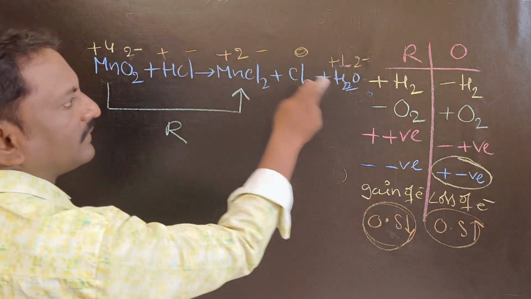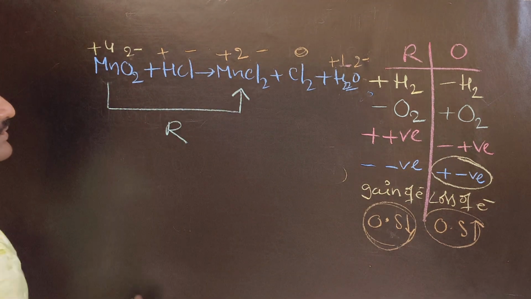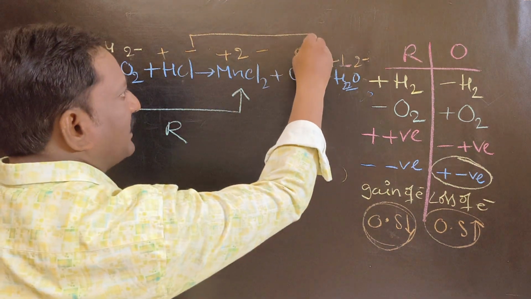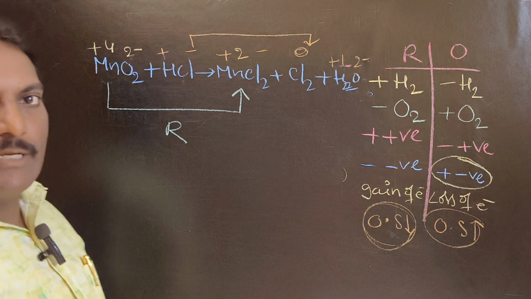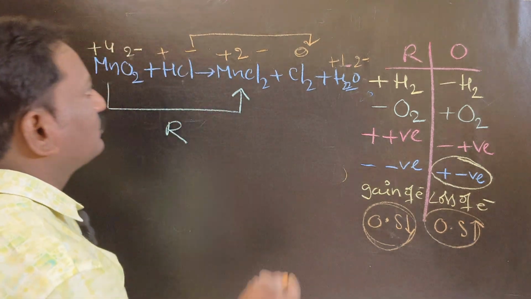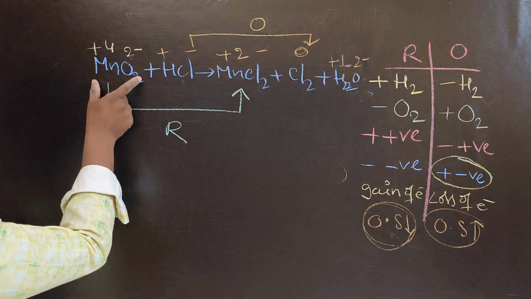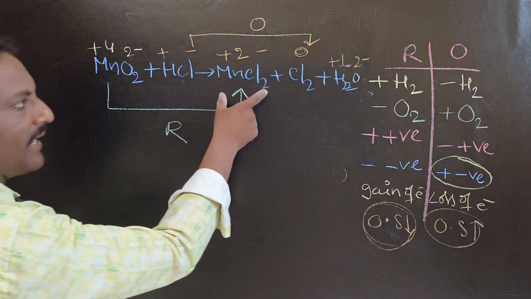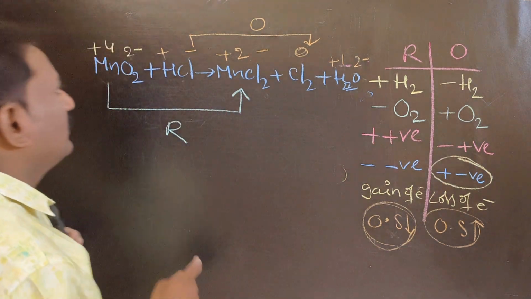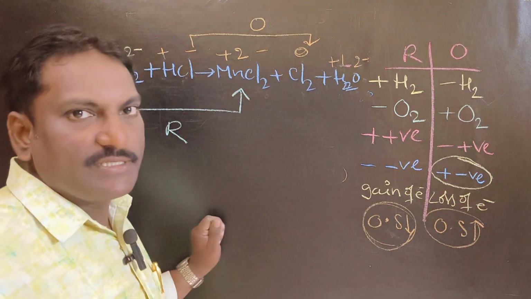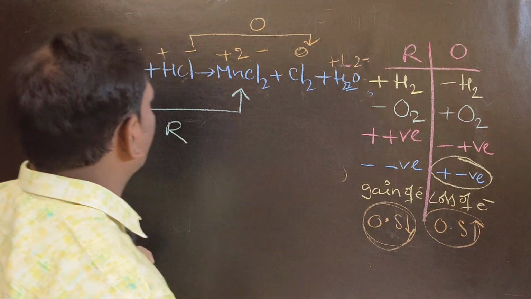Hydrogen is plus 1 here also, plus 1. No change. Chlorine goes from minus 1 to 0. Minus 1 to 0 means an increment in oxidation state. So that is oxidation. Here, the conversion of manganese dioxide to manganese chloride is reduction. The conversion of HCl to chlorine is oxidation.